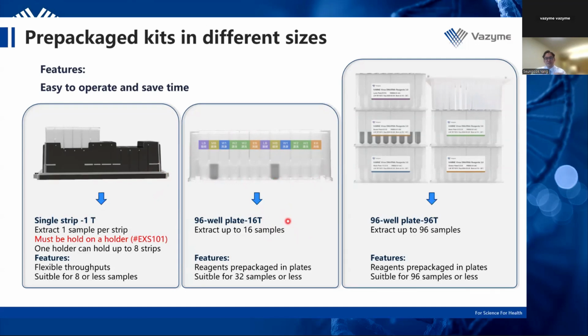This format is well suited for mid-throughput needs and is designed for systems that support up to 16 samples per run. And finally, the full 96 well plate, which is also known as the 96T. This one supports high throughput workloads, processing 96 samples simultaneously.